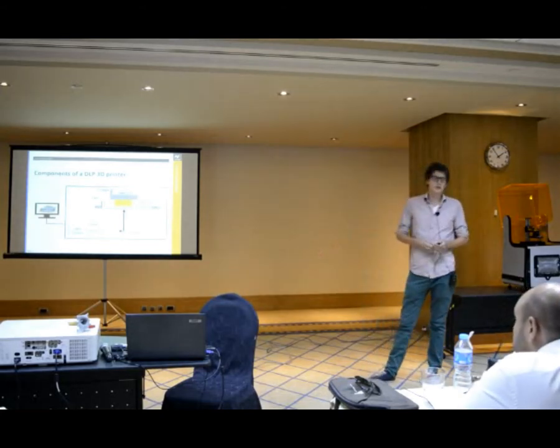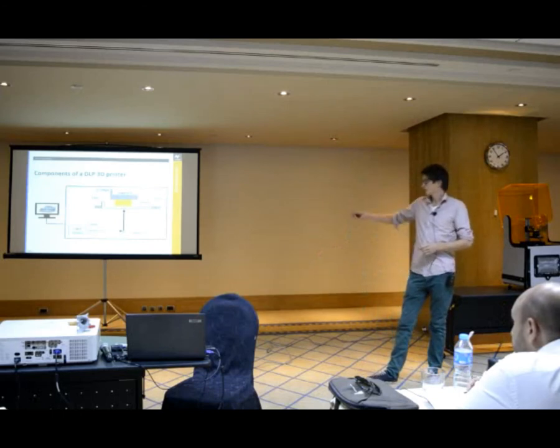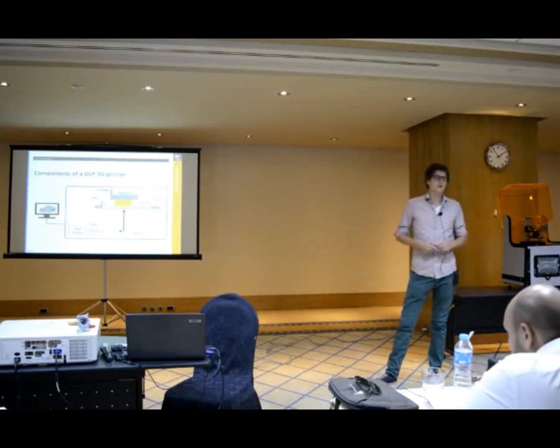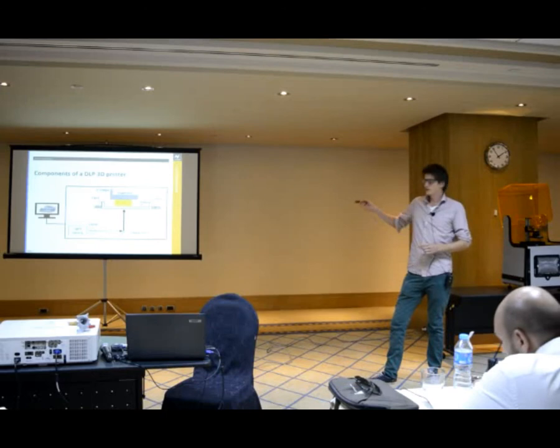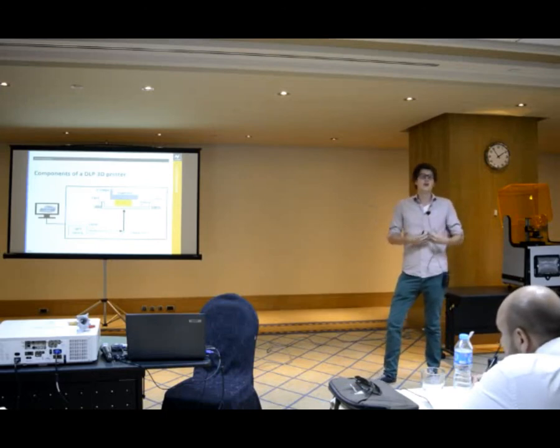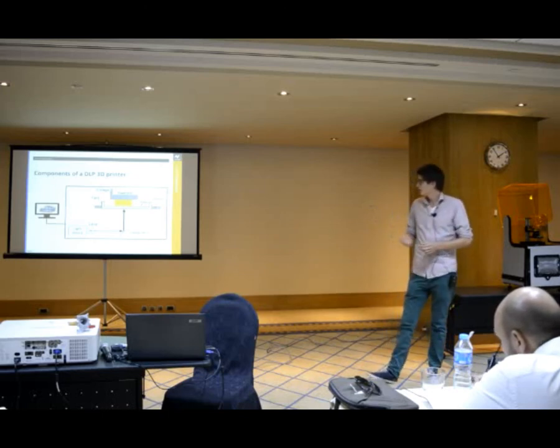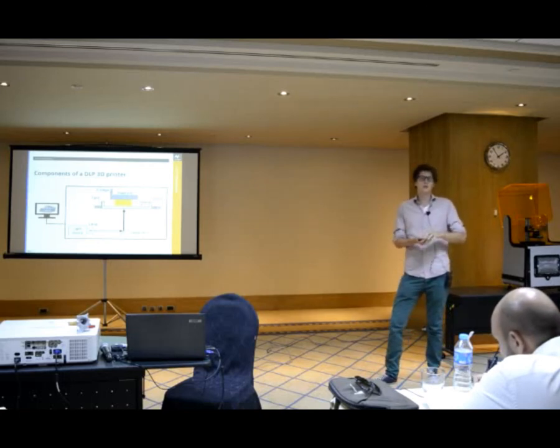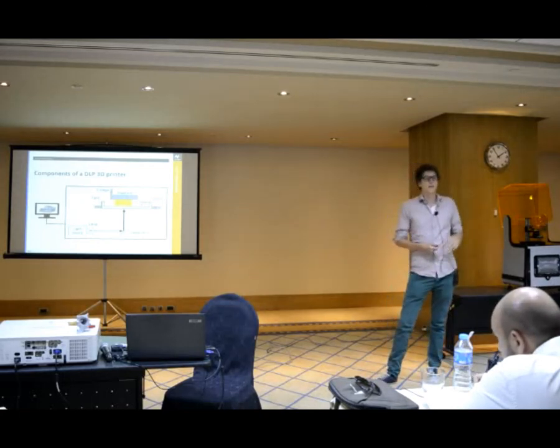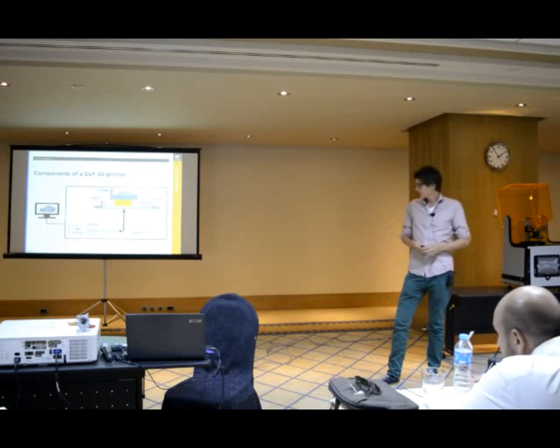Secondly, you have the light source, which is a lamp with an optical system consisting of lenses. Third, you have the digital mask. The digital mask creates the pattern for the image and determines the shape of your object. And finally, you have your resin tank, and in this resin tank your image will be created layer by layer.